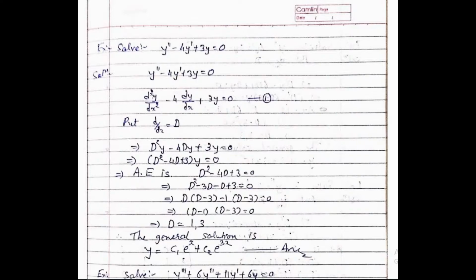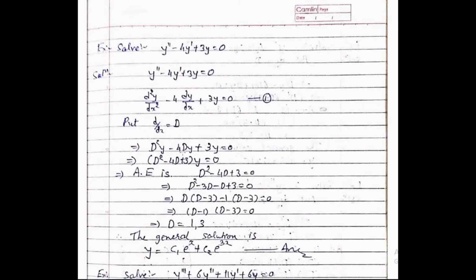That will give you d square y minus 4 dy plus 3y is equal to 0. Y will be common out, so d square minus 4d plus 3 of y is equal to 0. So we have the auxiliary equation d square minus 4d plus 3 is equal to 0.